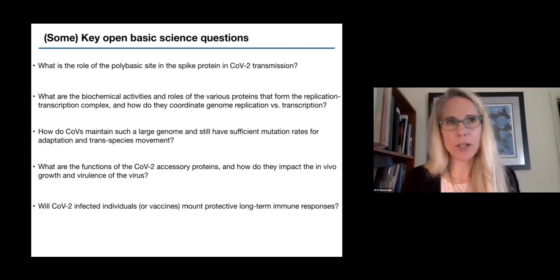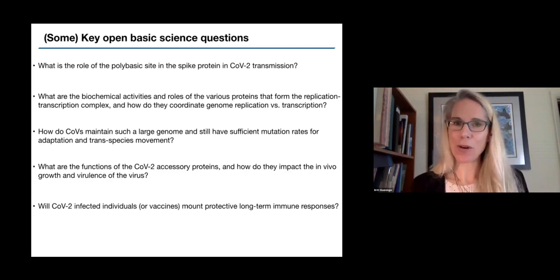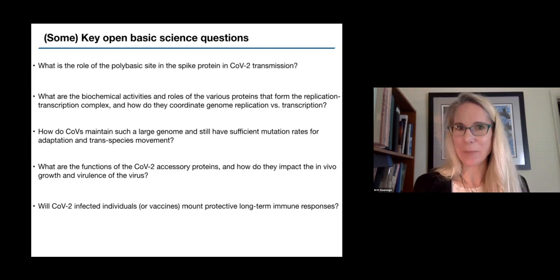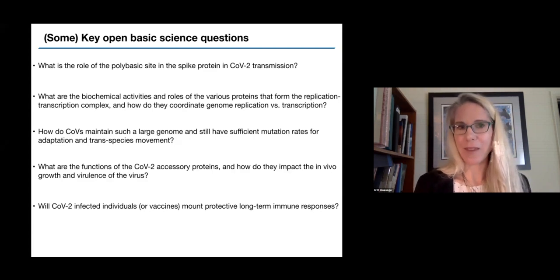Yeah, another great question. This gets to the issue of whether fusion is occurring at the plasma membrane or in the endosome, because if it's occurring in the endosome, the assumption is that there's probably an acid-dependent fusion event happening there. The results are kind of mixed: there are data suggesting that fusion can occur at the plasma membrane and data suggesting that fusion can occur within endosomes.